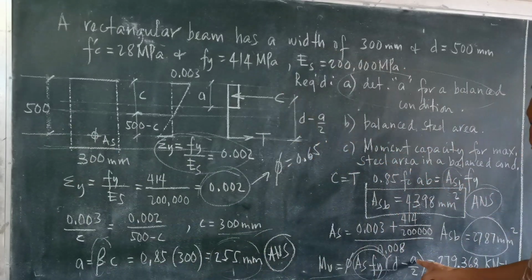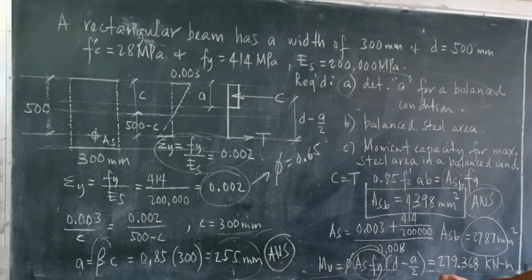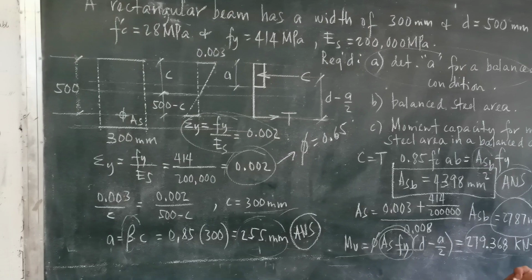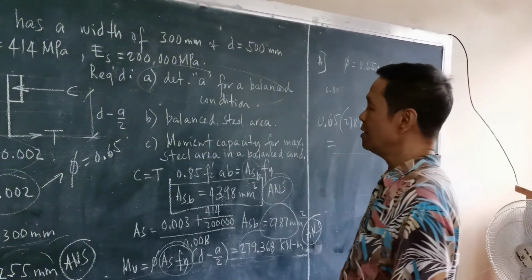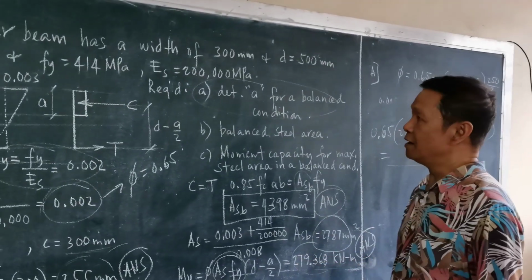And our computed a in the balanced condition is 255. Substituting all this, the ultimate moment capacity is now equal to 279.368 kilonewton-meters. So this is now the answer for our requirement C. So that is all about the solution of our problem. This is a singly reinforced concrete beam in a balanced condition.